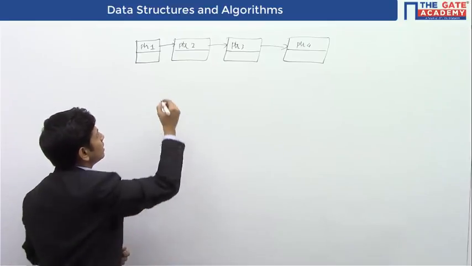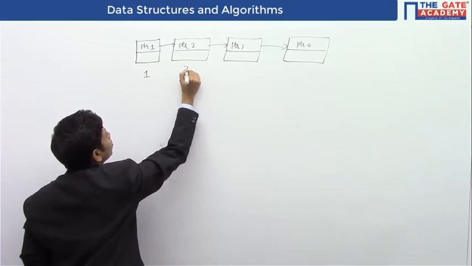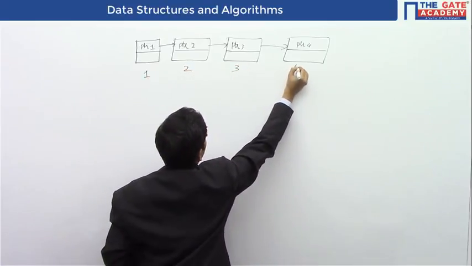Let's say this is node 1, node 2, node 3 and node 4.